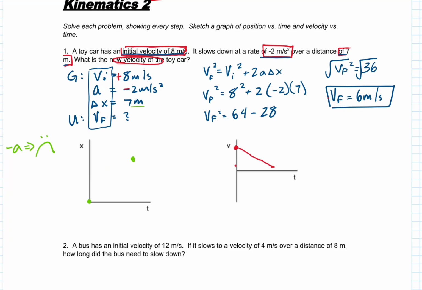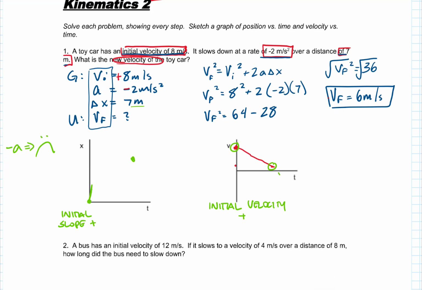The other way of looking at that is to go, okay, the initial velocity is positive, so the initial slope has to be positive.